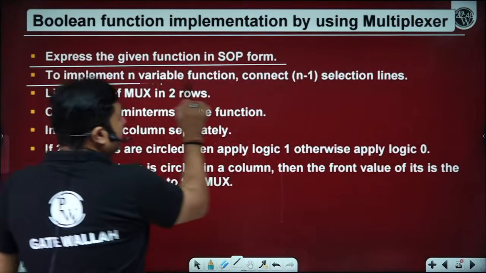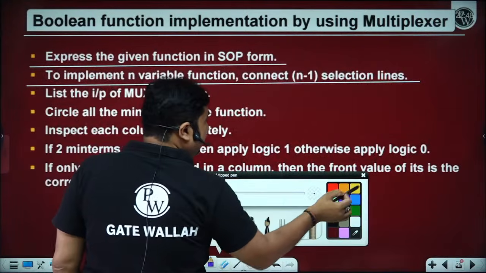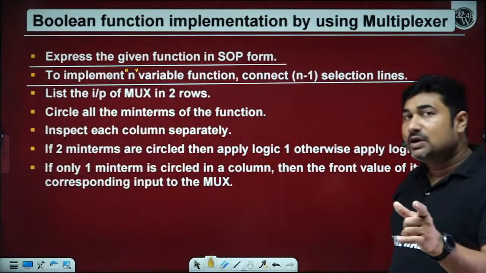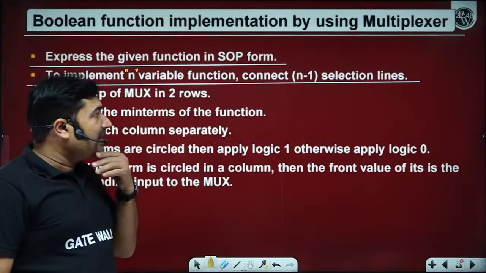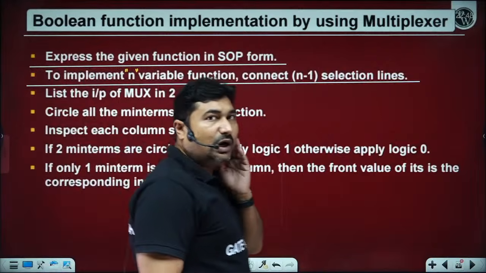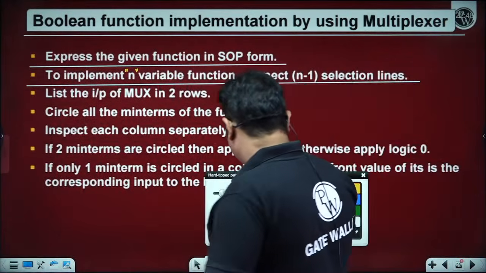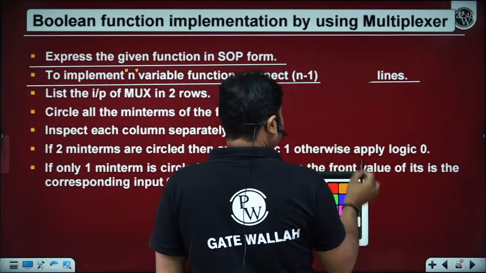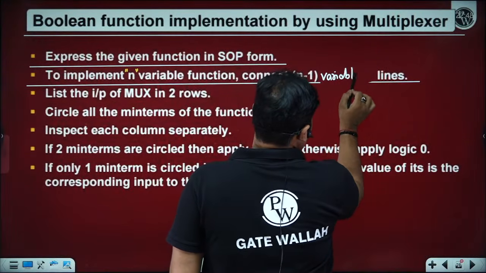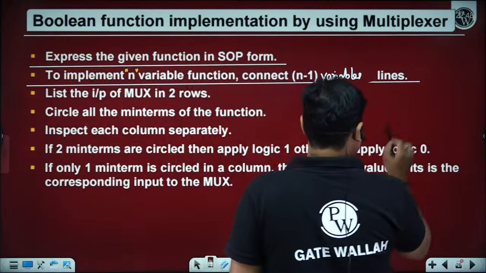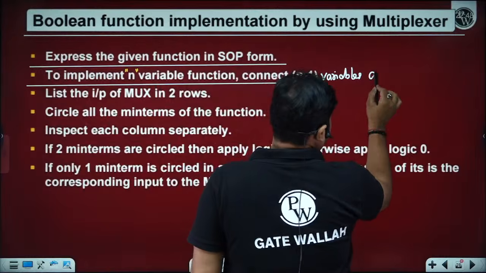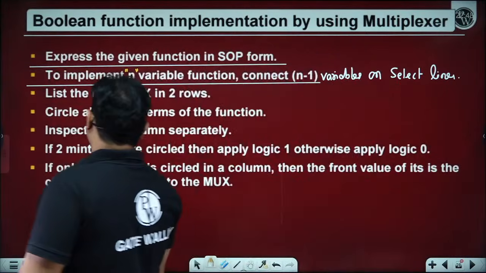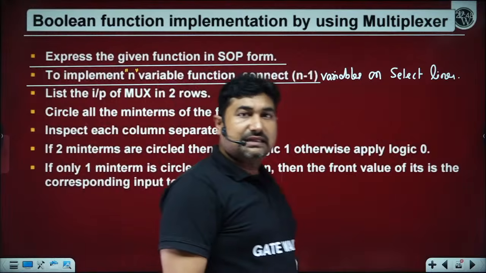Next, to implement an n-variable function, connect n minus 1 variables onto the select lines.